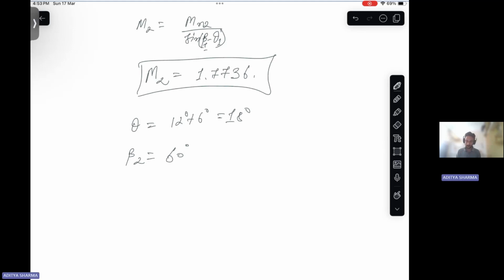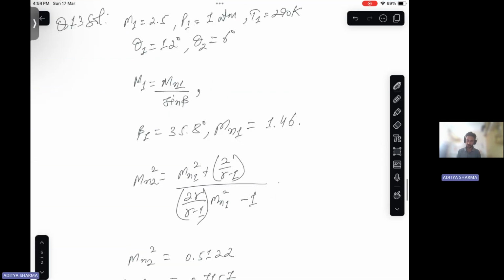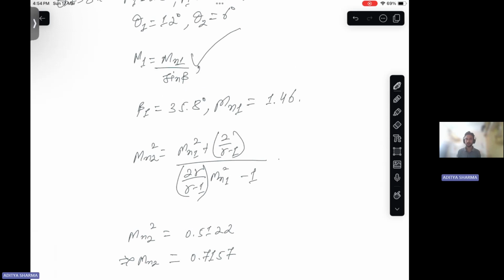So let's denote the normal component of that as Mn2 dash, right? And how can we find it? We can find it using this particular formula, because 1 here means it's upstream.